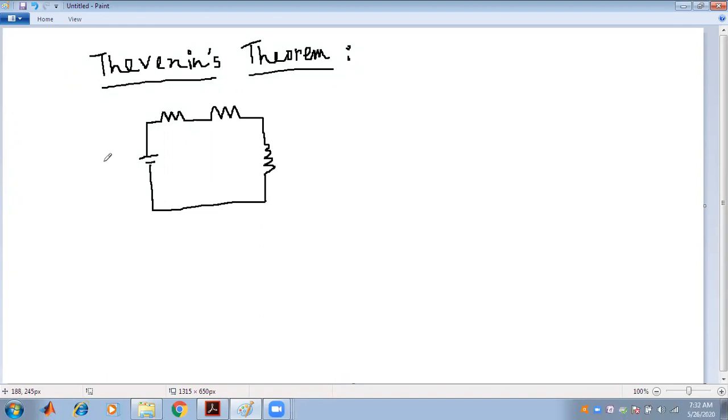So this is, say, 10 volt, this is 2 ohm, this is 3 ohm, and this is 5 ohm.